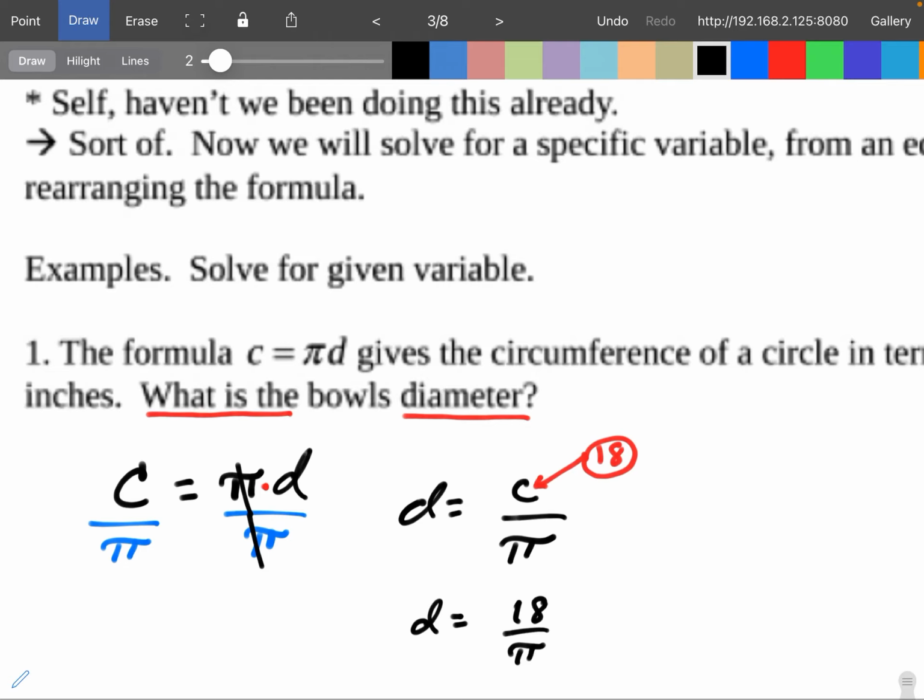Now pi is one of those irrational numbers, one of those weird decimals that goes on forever and never repeats. So I'm going to get that it's approximately 5.73. And you can see over here the circumference was given in inches, so your answer will be in inches.